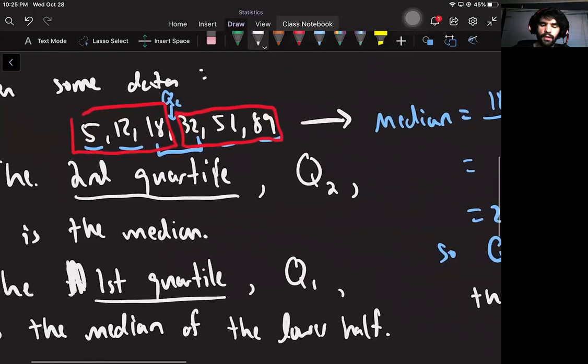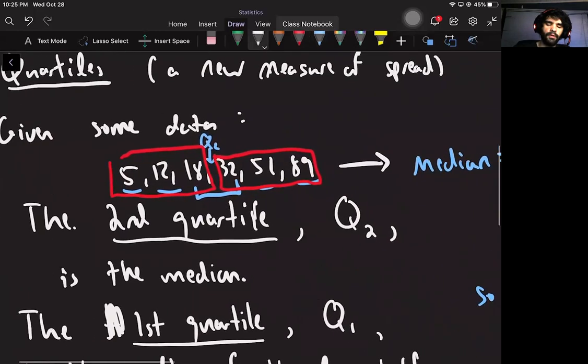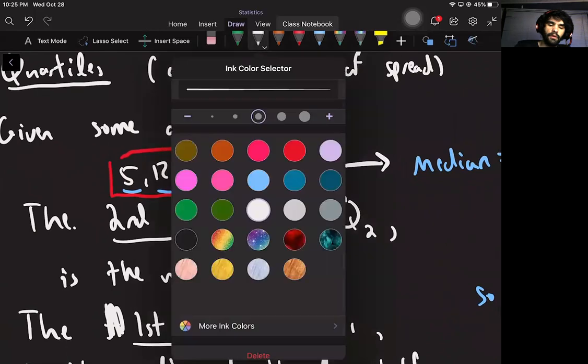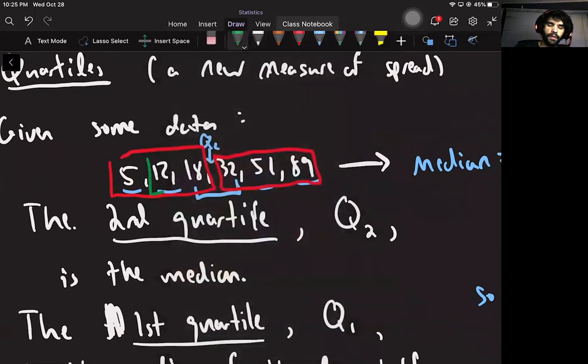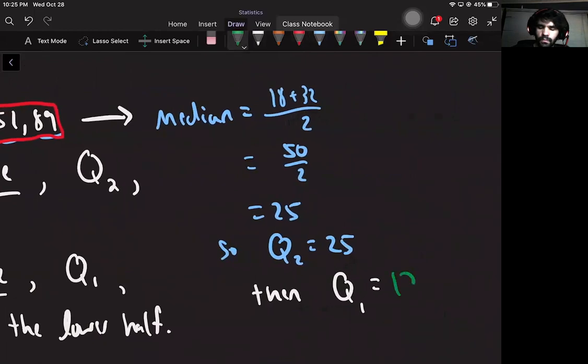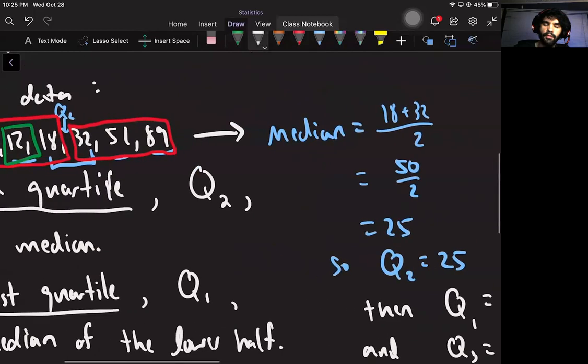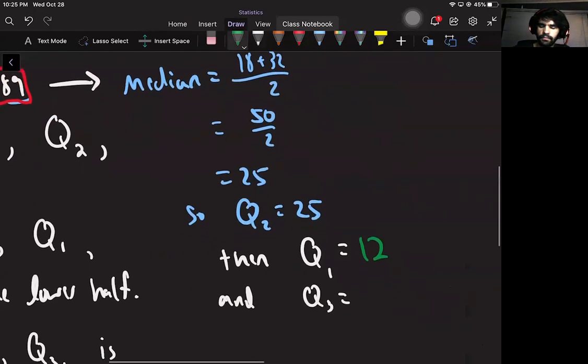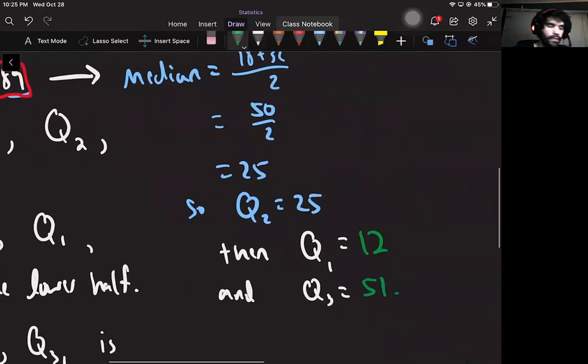Well, we just do the same thing. We just find the literal middle data point of the lower half, and it's 12. And Q3, the third quartile, is the median of the upper half, which would be 51. That's it. So not so bad, I hope.